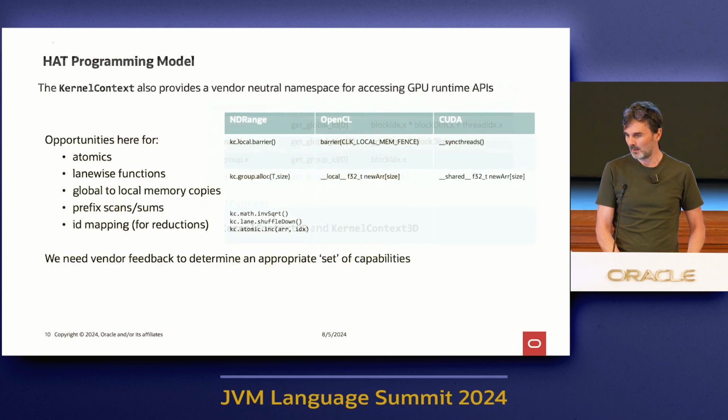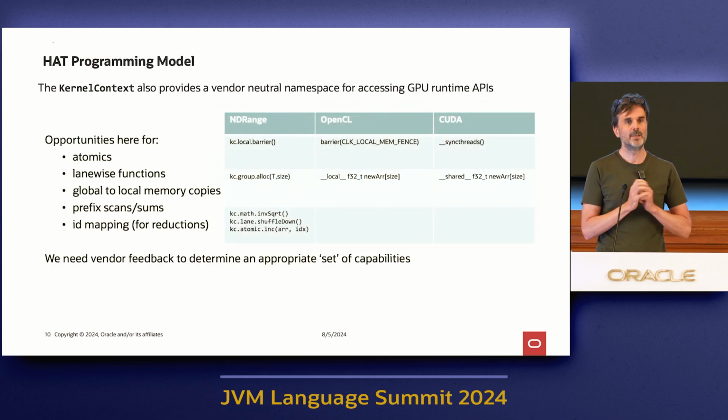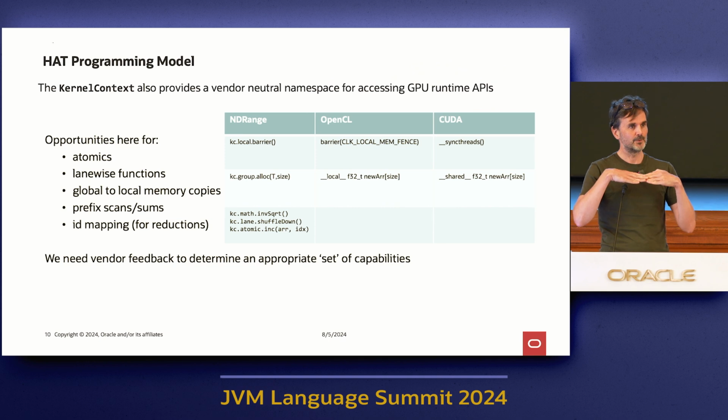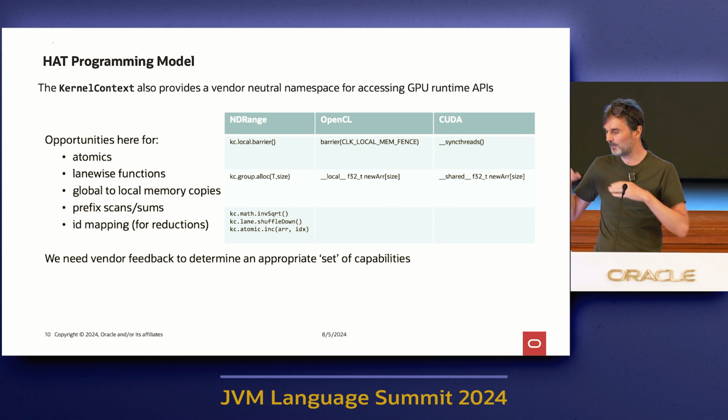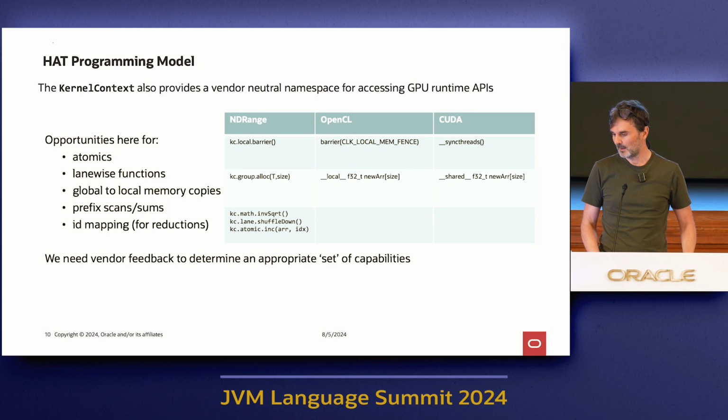That kernel context is also the way we can support concurrency between threads and GPUs. We may have methods on there that can synchronize threads, and then the vendors would implement that according to what is appropriate on their platforms. It may be a way we also do allocation on the GPU.